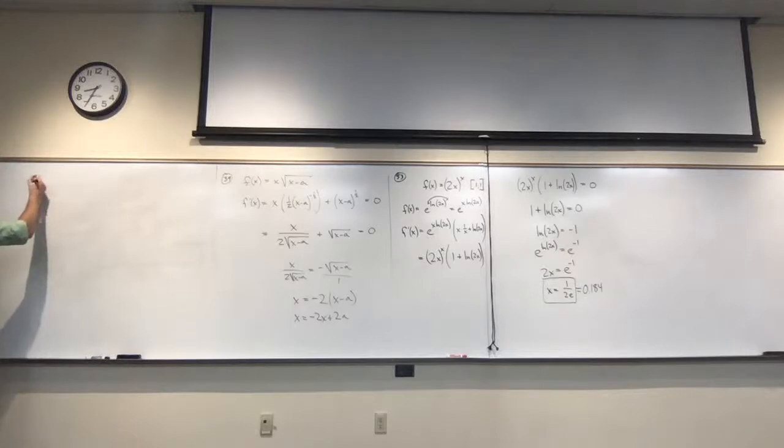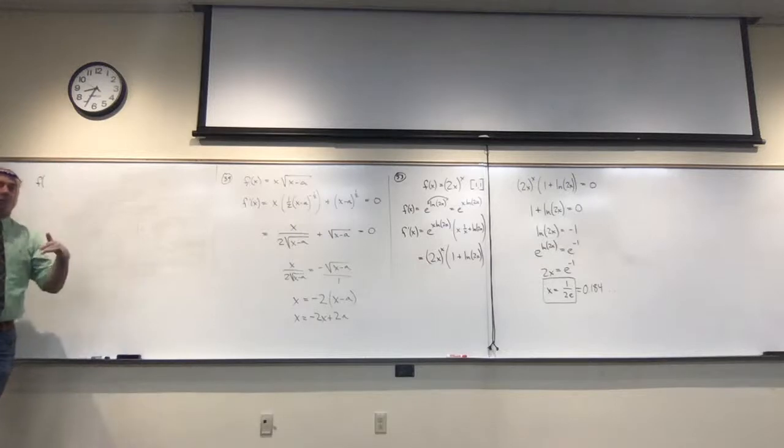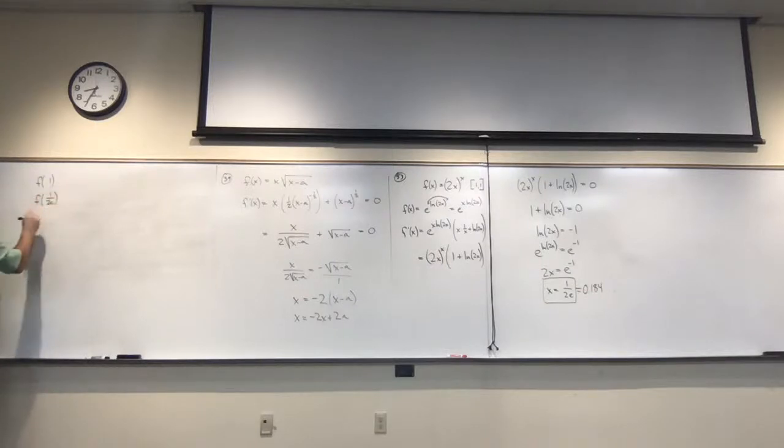I need to find what is f of, and notice I'm using the original function here, not the derivative. That's important, because you're trying to see where the function is big or small, not where the derivative is big or small. So I need f of 0.1. I need f of 1 over 2e. And I need f of 1.